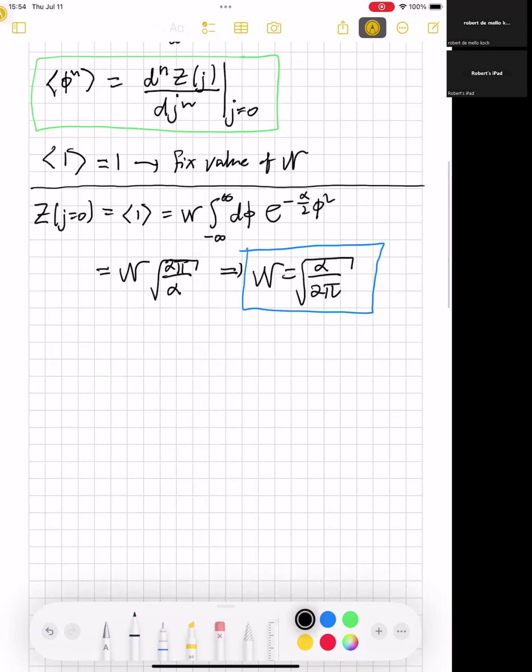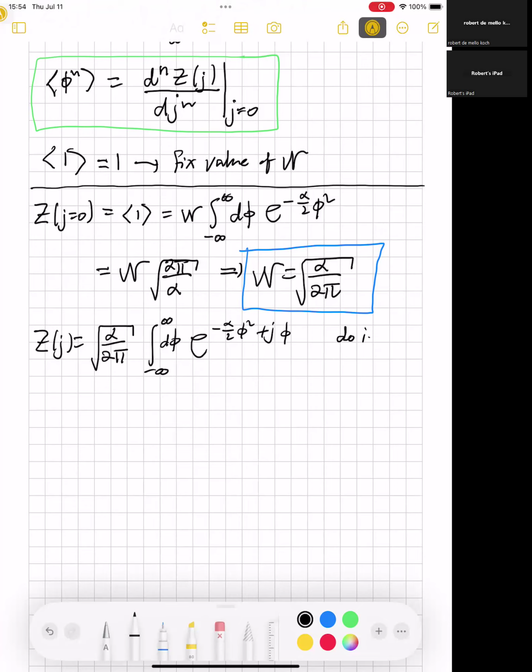So then what would Z of J be? Well, Z of J is equal to N, that's alpha over 2 pi, square rooted, integral d phi from minus infinity to infinity, e to the minus alpha over 2 phi squared plus J phi. And how would you do the integral?